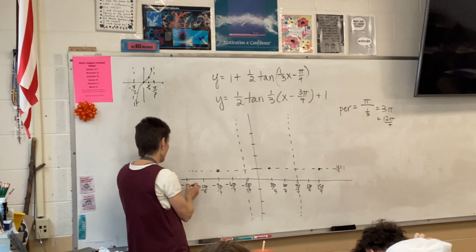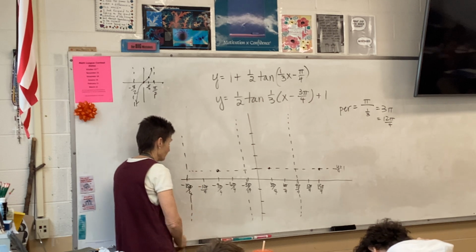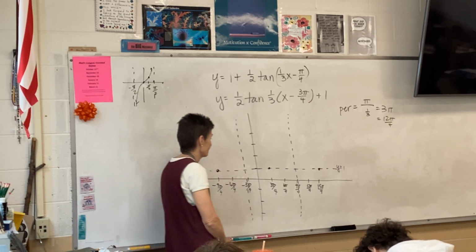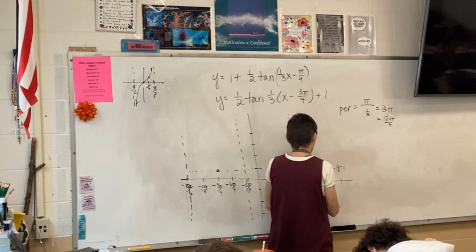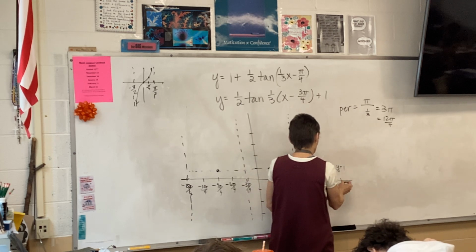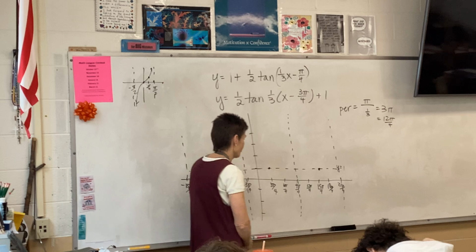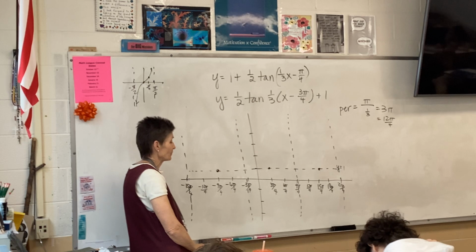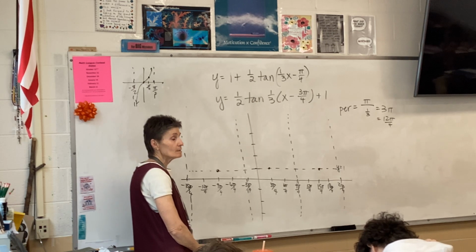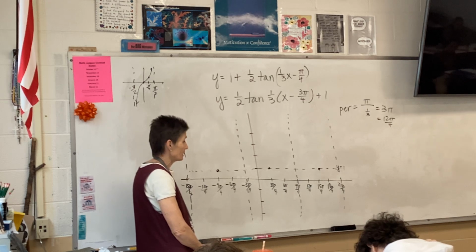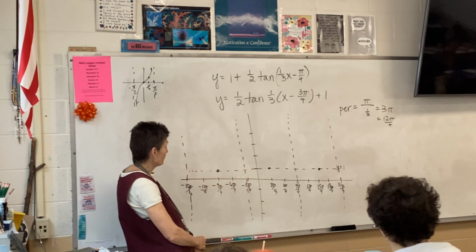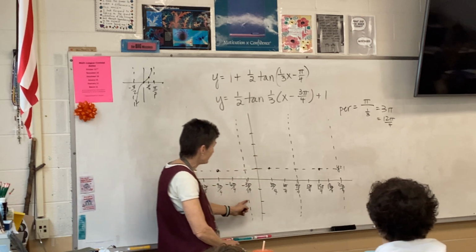This will be negative 15 pi over 4. So every 12 fourths, there will be a dot, and every 12 fourths, there will be an asymptote.